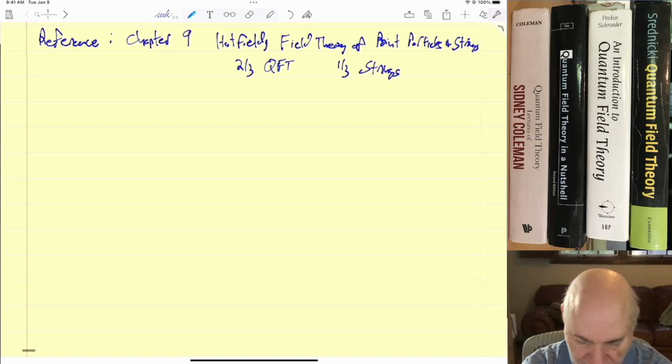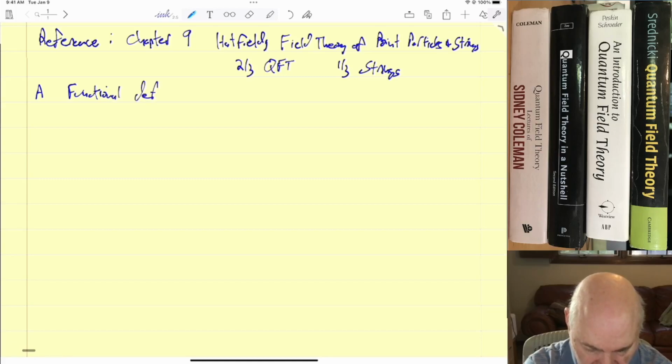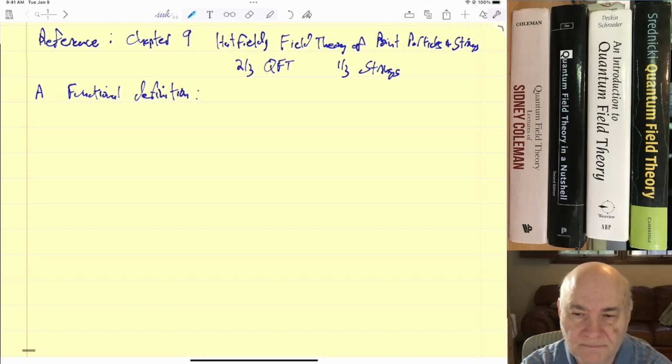So let's start. I like to start with the definition of a functional. A functional is just an object. It's really just a function, but it's a little bit different.